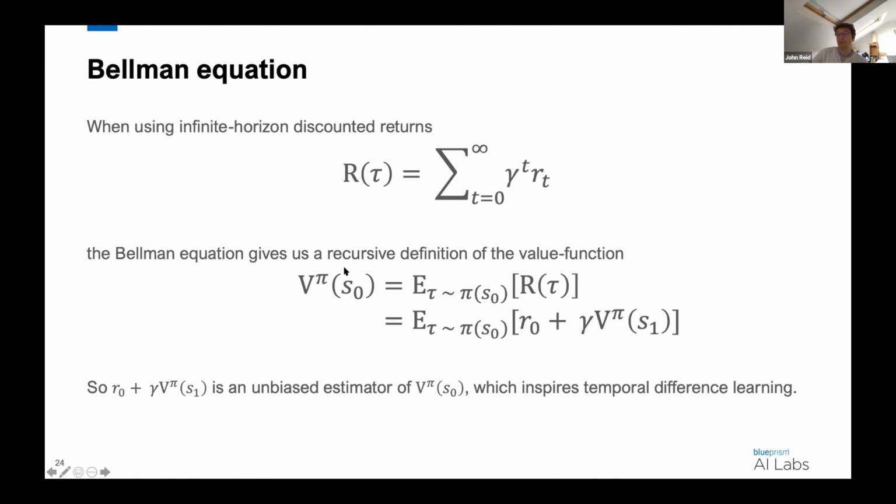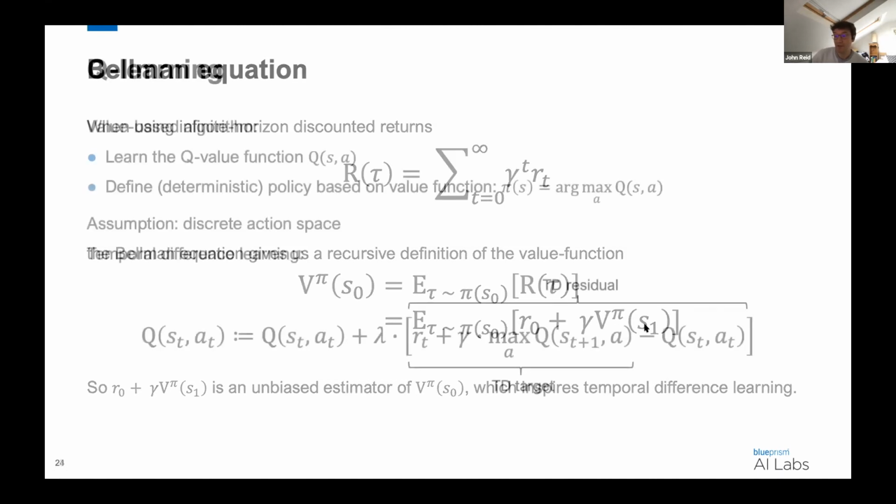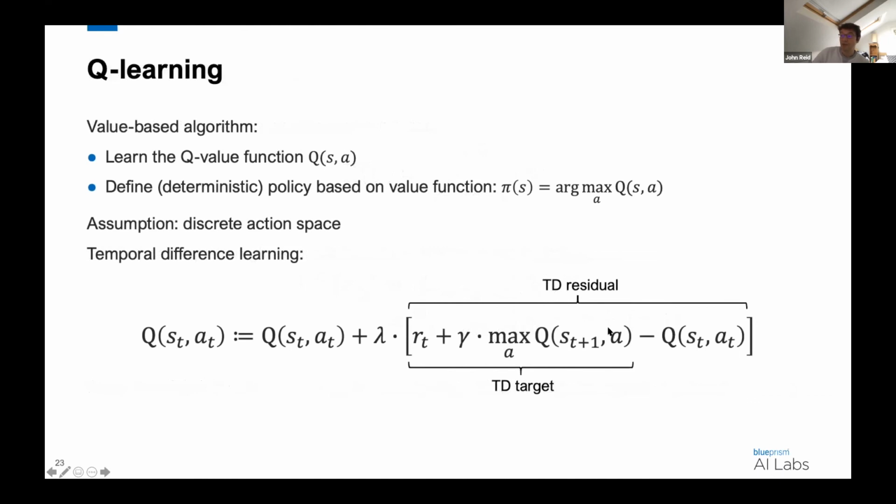So now we see that if we want to estimate the value function for state S0, an unbiased estimator would be the expectation of the reward at time 0 plus gamma times V, the value function at the subsequent state. And that's really what inspires temporal difference learning. Because if we go back to the slide here, we can see that this max Q, we know that this is the value function V, because the value of the state is simply the value of us taking the best action in that state.